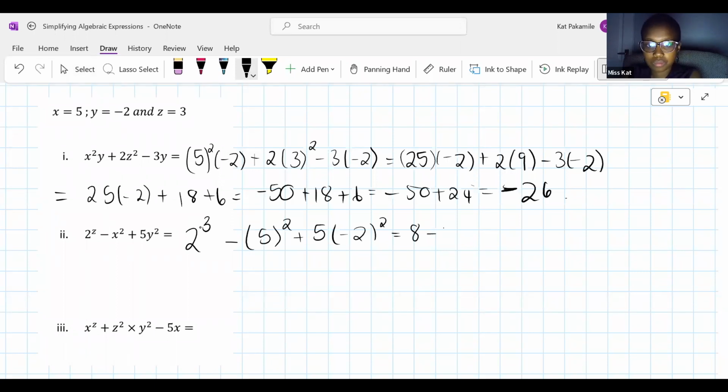So, ma'am, you can say minus open bracket 25, and then plus 5, and then negative 2 squared is equal to positive 4. And then, ma'am, next step you're going to say 8 minus 25, because negative times positive gives you negative, and then plus 20, and then 8 minus 25 plus 20 equals 3.